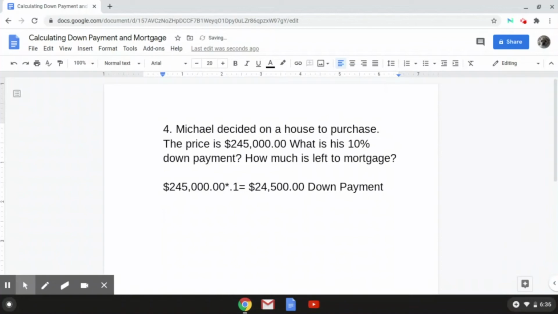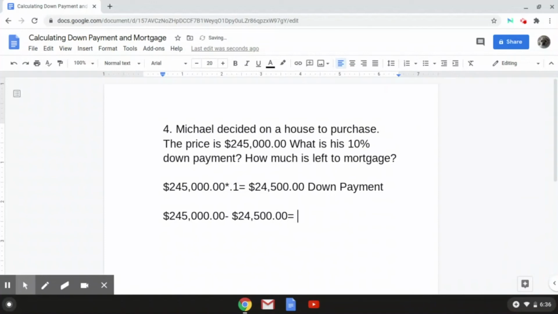Then from here, in order to calculate the mortgage, is like we've been doing before. We're going to take the $245,000, if I can type correctly, and subtract it from the new down payment, which is $24,500.